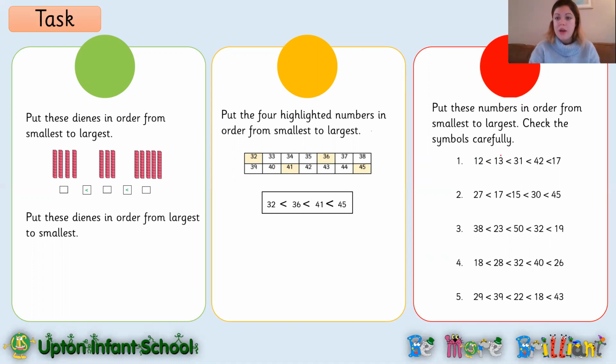So here we have 12, 13, 31, 42, and 17. So we know they're not in the right order. So you have to rewrite this number sentence underneath using the symbols and making sure they're in the right order. Again, if you want to use your 100 square to help you, that would be a really good idea.